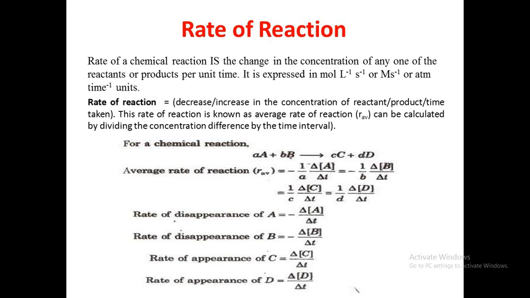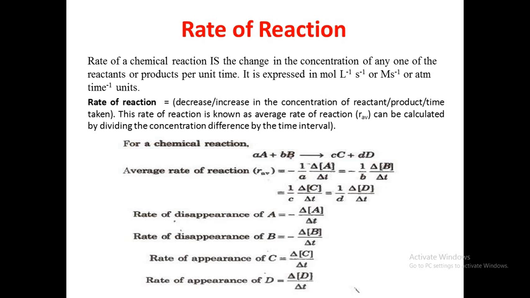So now, on the basis of the different types of chemical reactions, let us discuss rate of reaction. So rate of chemical reaction means the change in concentration of any one of the reactants or products per unit time. So rate means change in concentration with respect to time.